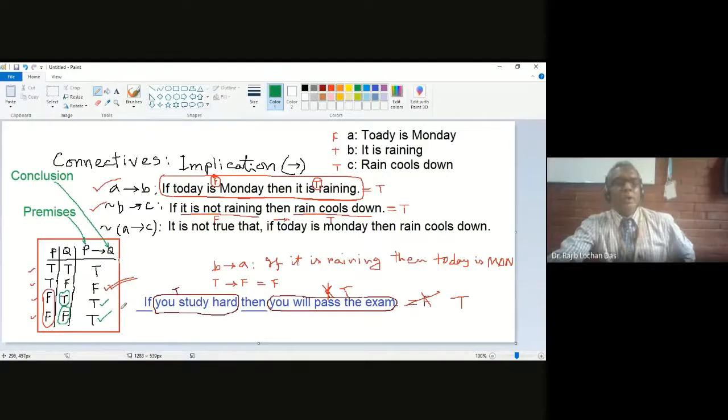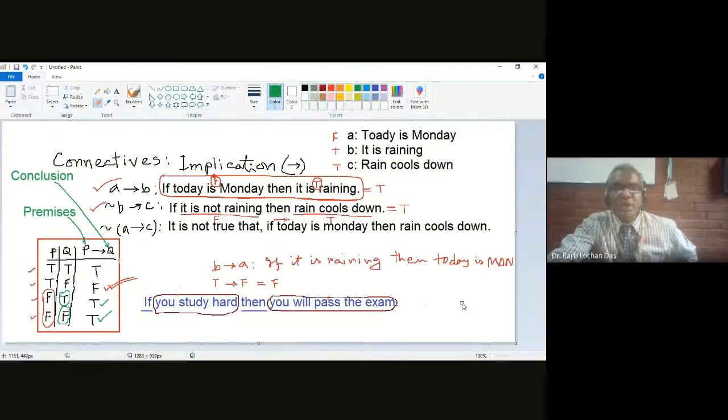So now you can ask me, what can be the real life example? Okay. So I'm telling you, say this sentence again. I'm saying, as a teacher, okay, please study hard at home. Okay, you are my students, so you will study hard at home. Then there will be no problem. You will pass the exam. Okay, as a teacher, I'm saying this, and actually, you did not study hard.